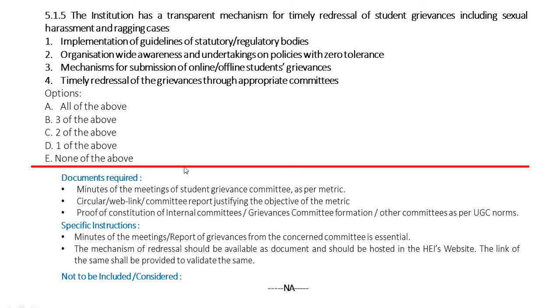The documents required is the minutes of the meetings of Student Grievance Committee as per the metric, circular or web link or committee report justifying the objective of the metric, proof of constitution of internal committees or grievances committee formation or other committees as per UGC norms.